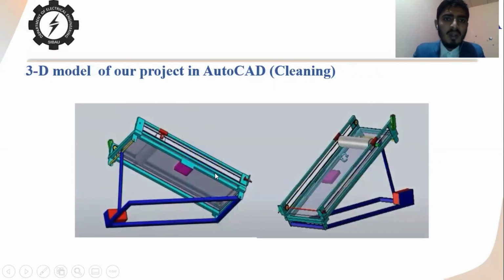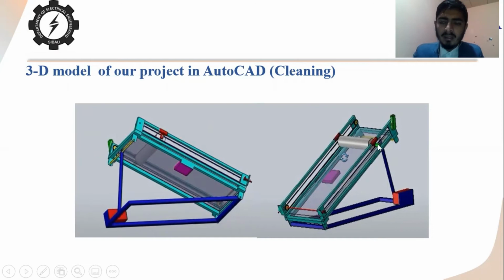This is the 3D model of our project in AutoCAD for the cleaning system. We have designed a stand, and over the stand we have designed all the working of the stepper motor. This is the stepper motor, and with the help of this chain the stepper motor will be rotated.